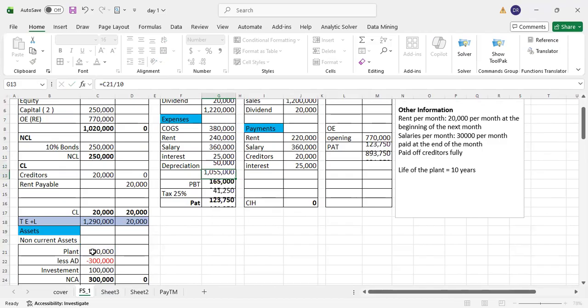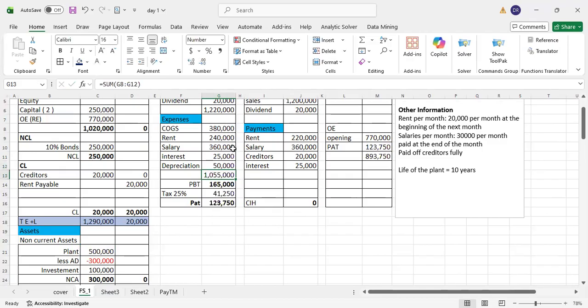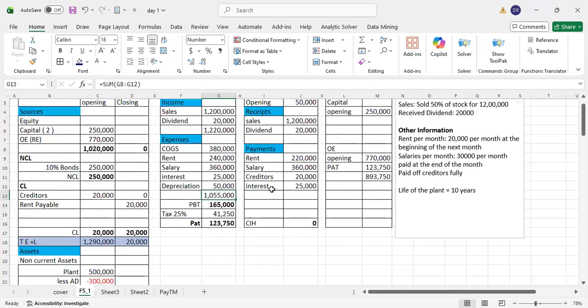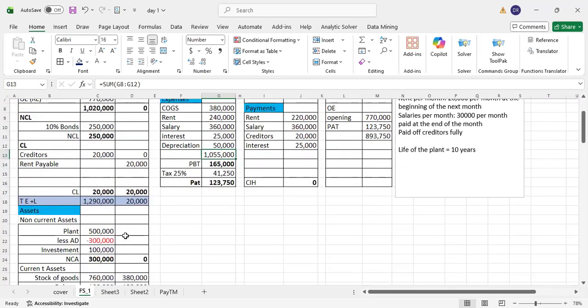Depreciation is by 10. We are assuming, and depreciation is not a cash item, so no effect on the cash flows, but there will be a reduction in the value of the plant, and that happens by increasing the accumulated depreciation. So by the end of this year, the company has charged depreciation to the extent of 350,000.